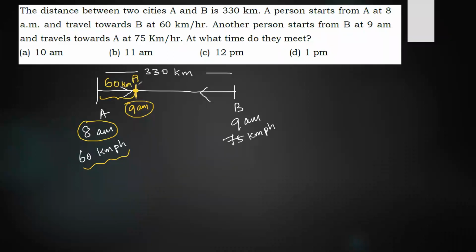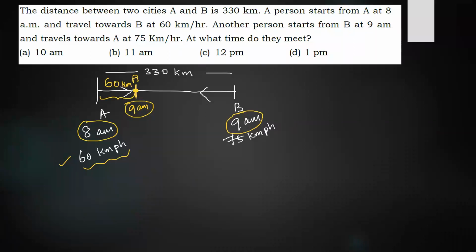Yes, Charan, good. We need to make the time the same. So from 8 to 9, A alone travels towards B at 60 kilometers per hour, so in 1 hour he covered 60 kilometers. Now the times are the same, both 9 a.m. What is the distance between them now? Initially there was 330.